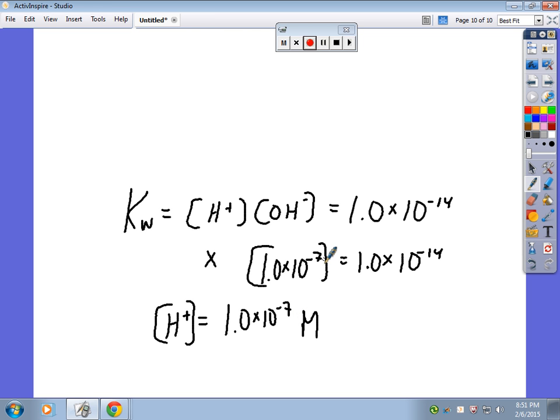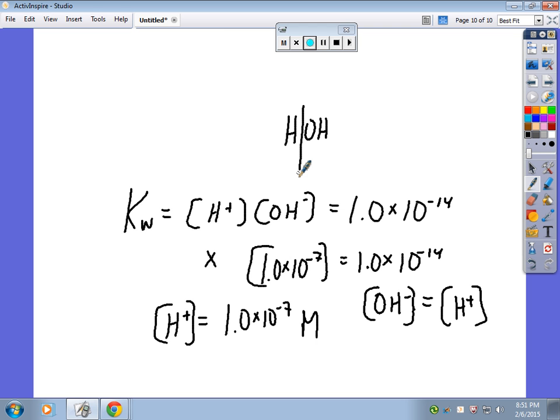Now, what's true here? Do you see how the OH minus concentration is equal to the H plus concentration, aren't they? 1.0 times 10 to the minus 7th, 1.0 times 10 to the minus 7th. What do I say about H and OH when they're equal to each other on that pH scale? They're the pH of 7, aren't they?